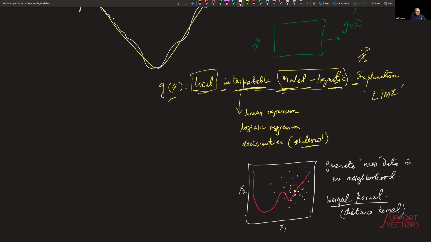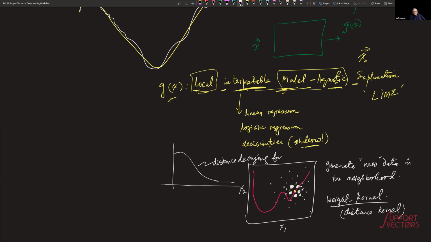What does it mean? That points which are closer to this have more influence, and points that are a little bit far off have less influence, and points that are very far off have almost no influence. So in other words, each point you multiply with some function that decays with distance. The function is called a weight kernel or a distance kernel.